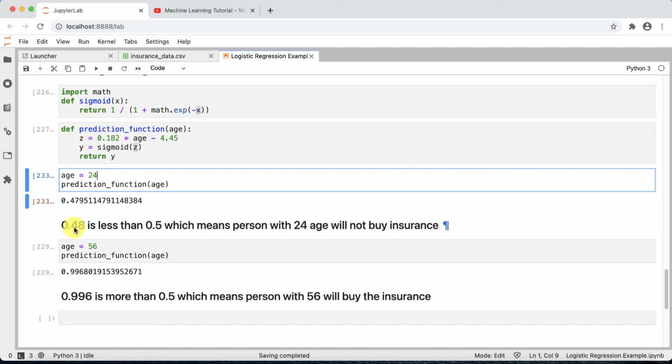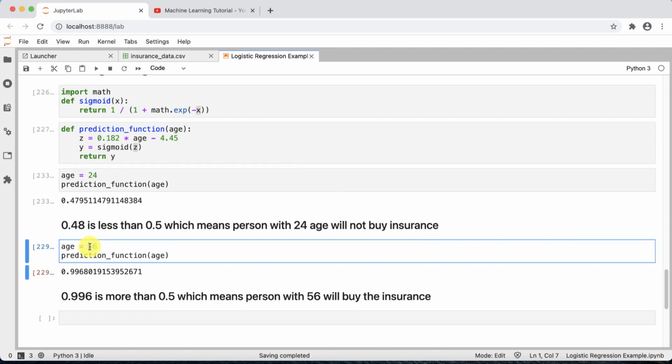So here 0.48 is less than 0.5, which means a person who is 24 years old will not buy the insurance. And if we take 56, then we have 0.99, which is more than 0.5, which means a person of age 56 will buy the insurance, right? So this way logistic regression is working, right?